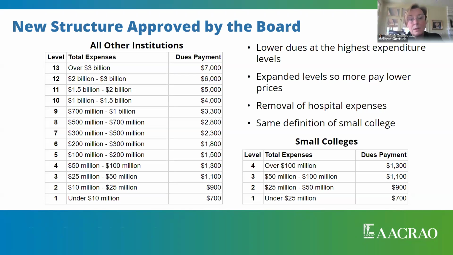Based on that, the membership team worked really hard to create and propose a new model to the board. And I'm pleased to inform you that the board has approved the introduction of a brand new dues category specifically designed for the small colleges. It will go into effect July 1, 2025. So that is the next dues renewal cycle.